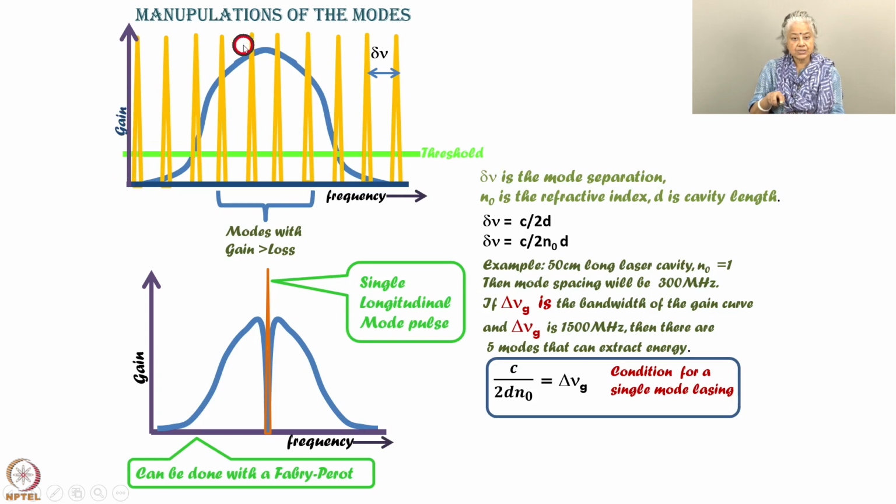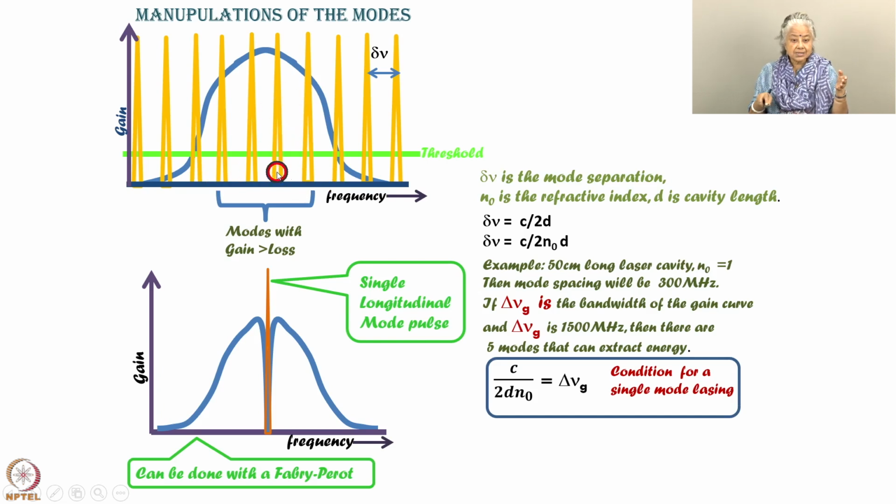The gain follows this blue curve, and it has this much bandwidth. Only those modes which fall within this bandwidth of the gain medium will lase, because they have to extract from that gain. You can see about 5 or 6 fall within the gain curve, so all these 6 modes should be able to lase within the resonator cavity.